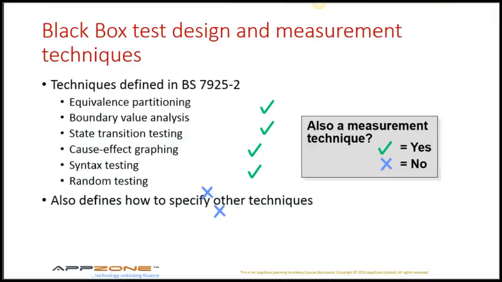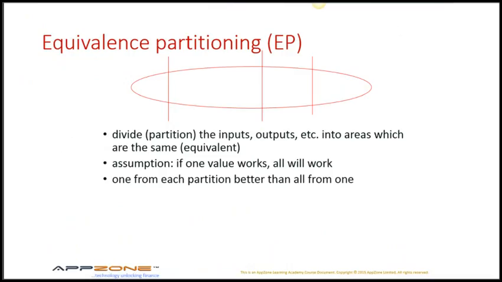Remember, the first technique here is equivalent partitioning. In equivalent partitioning, you divide or partition the inputs and the output into areas which are the same, so you don't have to start replicating effort. The assumption is that if one value works, all the other values will definitely work.